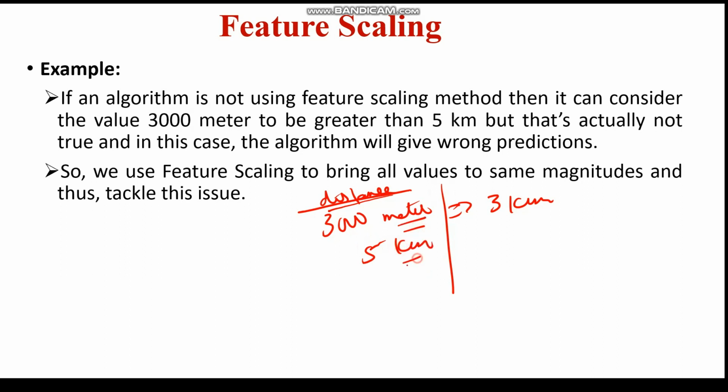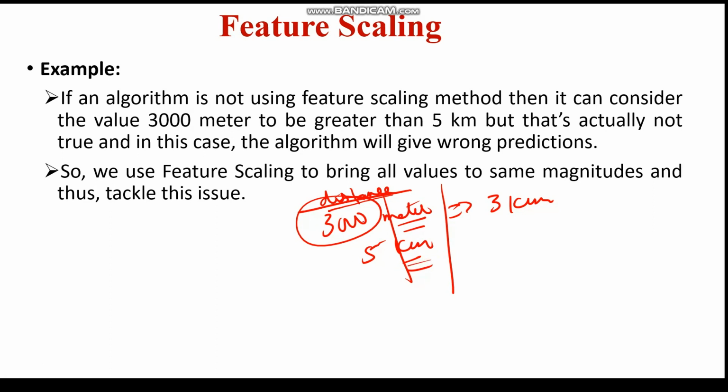They are representing the same thing but with different units. So in this case, if we normally consider 3000 and 5, it will consider that 3000 is greater than 5, but actually this 3000 meter is less than 5, because this is meter and this one is kilometer.